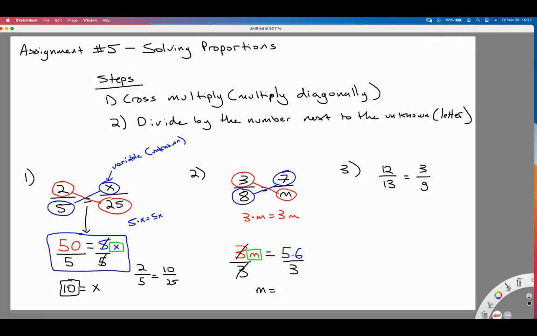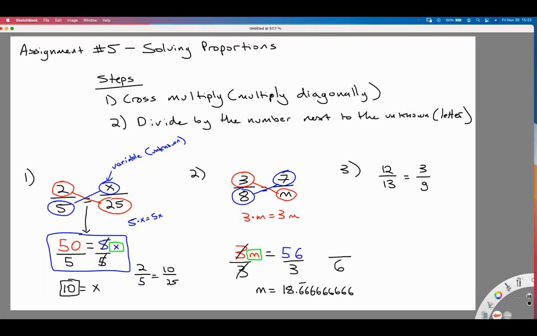Okay, and then 56 divided by 3, it's not going to be a pretty number, but it's going to equal 18 point, if you type that into a calculator, it would say a whole bunch of 6s, and maybe a 7 at the end because your calculator rounded for you. However, you could either leave it as 18.66, or the symbol that shows a repeated number over and over again is a line, and that line goes over whatever number is being repeated.